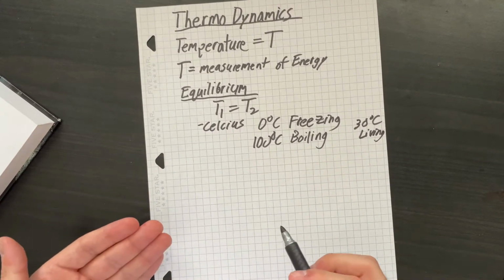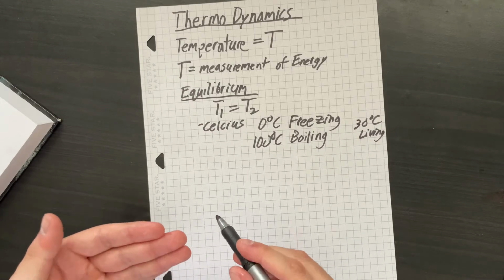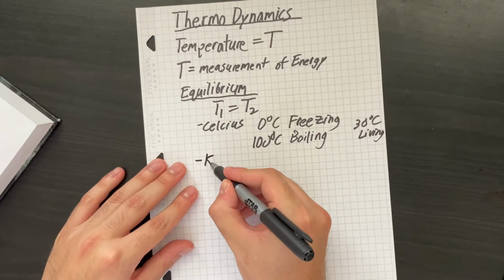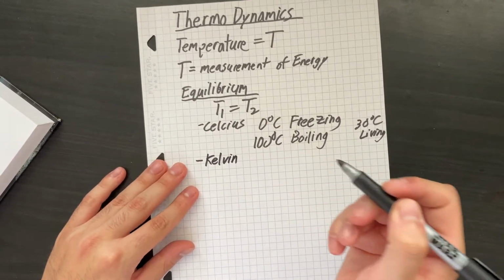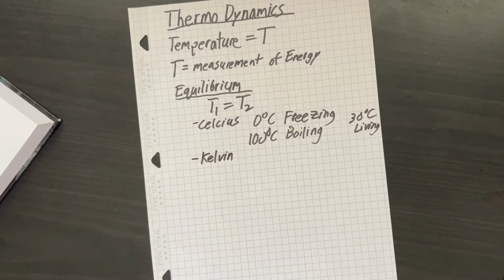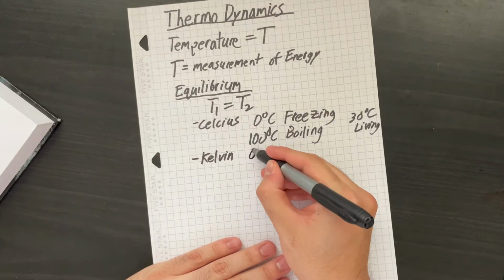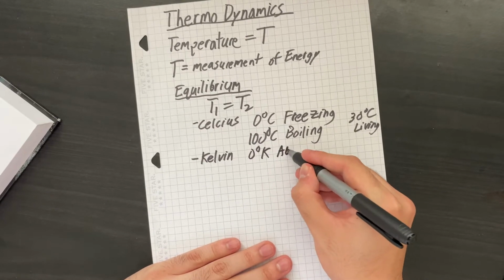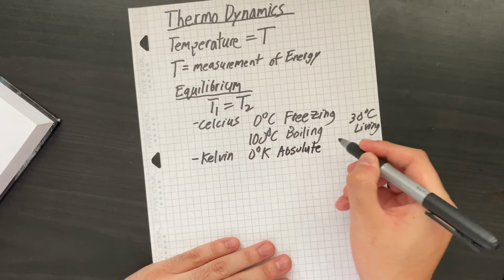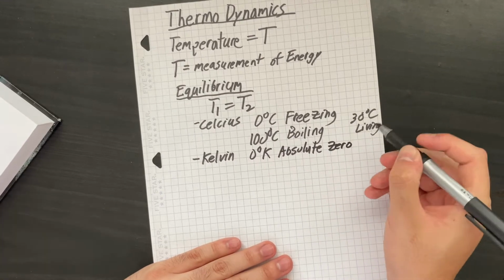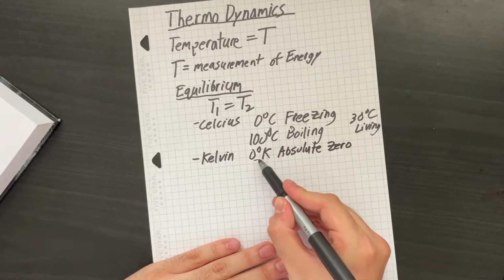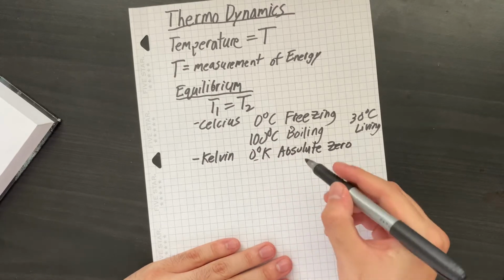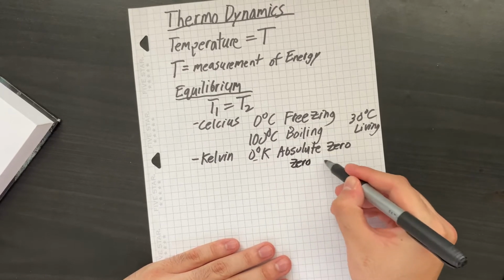Now, the next temperature scale that's pretty useful for scientists is going to be the Kelvin scale. Now, the Kelvin scale is very similar to the Celsius scale, except the Kelvin scale's 0 point is going to be absolute 0, where 0 degrees Kelvin means 0 energy.